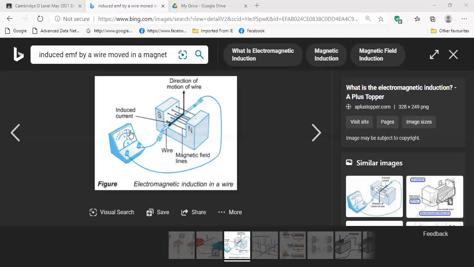There was no current before, but now because of the motion of the conductor through the magnetic field, there is current, right? If the conductor is not moving, you are just holding it, then you will see the needle is showing 0.